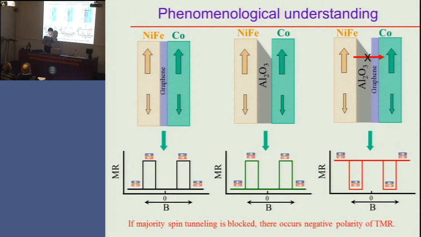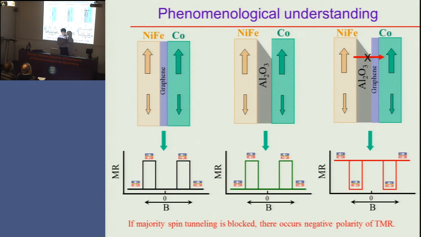There is a known idea: in this case, the parallel state, which means like this one, shows easy tunneling, because this side is spin up and this side is spin up. The electron can tunnel easily through to the other side of the metal, like this. But somehow, the intermediate state blocks the majority spin tunneling.